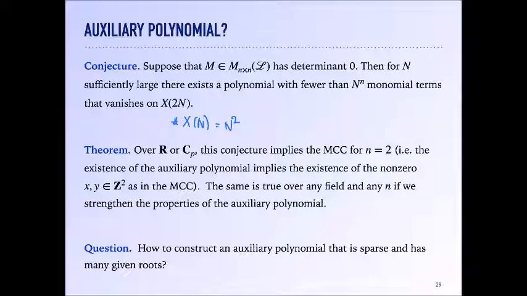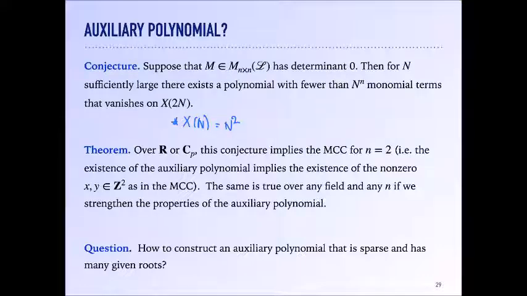Even if you put x of n here, this would be very amazing to prove, because over R at least, you would get the 4 exponentials conjecture if you could prove this. One thing we've proven is that over R or CP, this conjecture implies the matrix coefficient conjecture, the one that I stated 2 slides earlier, for n equals 2.